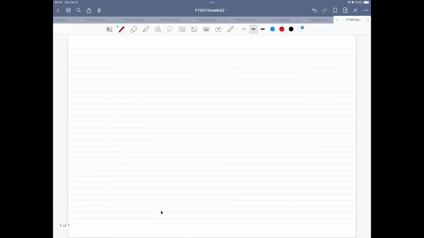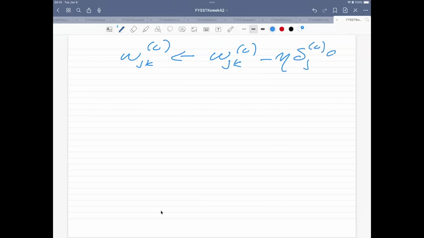So what we would have then is that these parameters, and I'm just going to write it with a parameter w_jk in layer L, are being updated with the previous value minus a learning rate, and this is where our gradient method comes in, times delta_j of L times a_k from layer L minus 1.